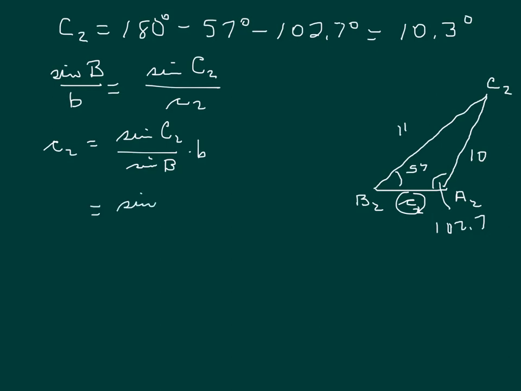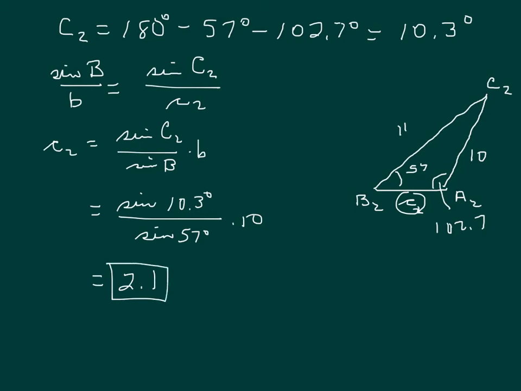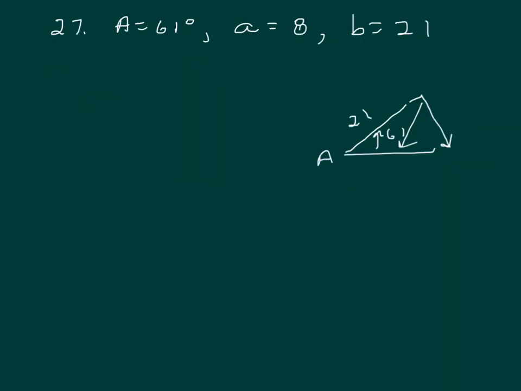This is equal to the sine of 10.3 degrees over the sine of 57 degrees times 10. So that little c2 is equal to 2.1.